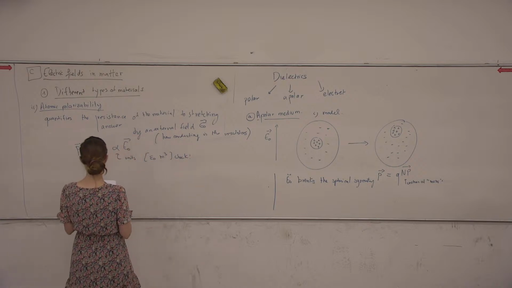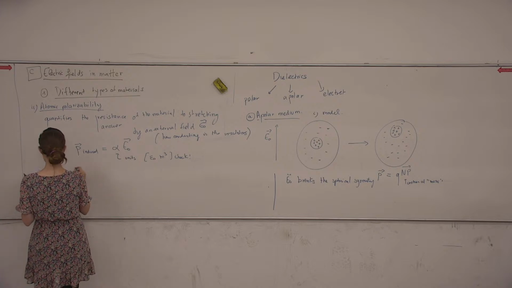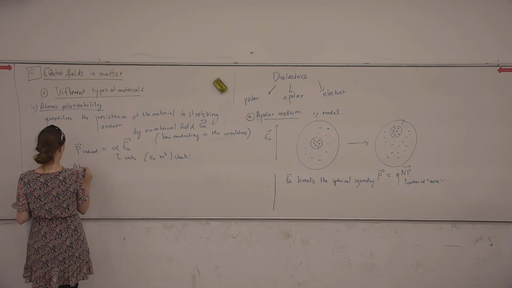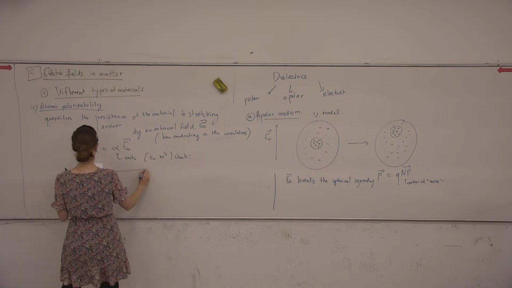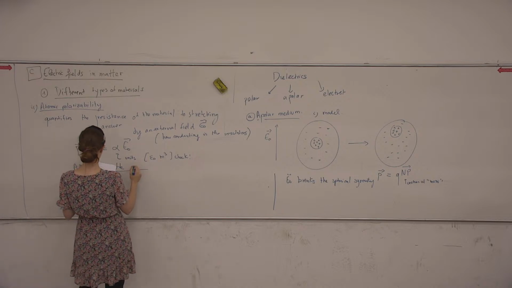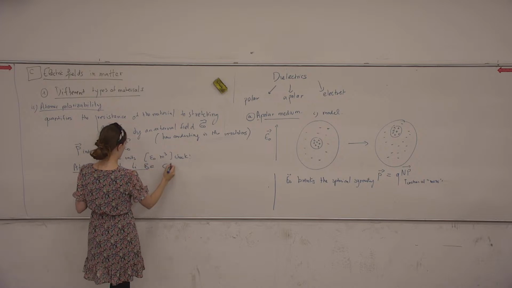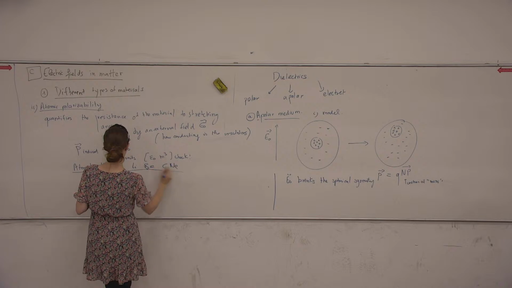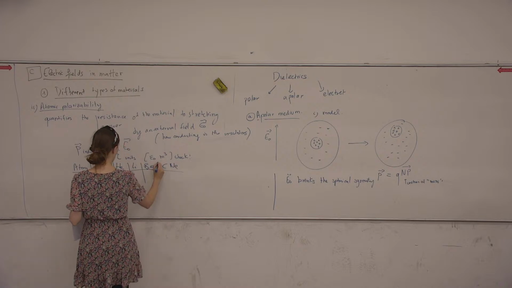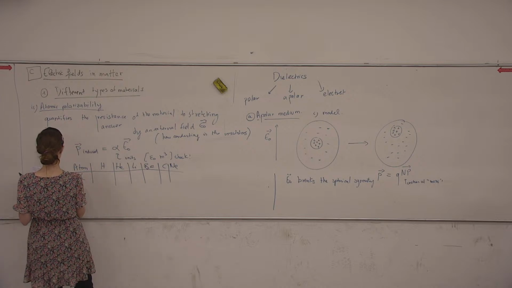I'll give you just some examples about the atoms that we're used to: hydrogen, helium, lithium. You don't have to know it by heart. So this is alpha.